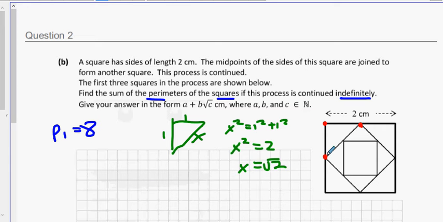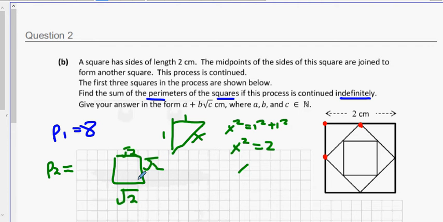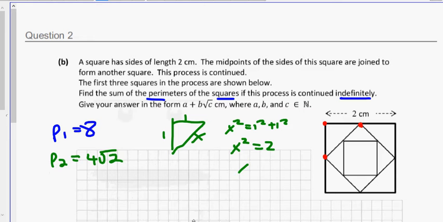So now we have this one here, which is root 2, root 2, root 2, root 2. So when we do that, P2 ends up to be root 2, root 2, root 2. So P2 ends up to be 4 root 2.